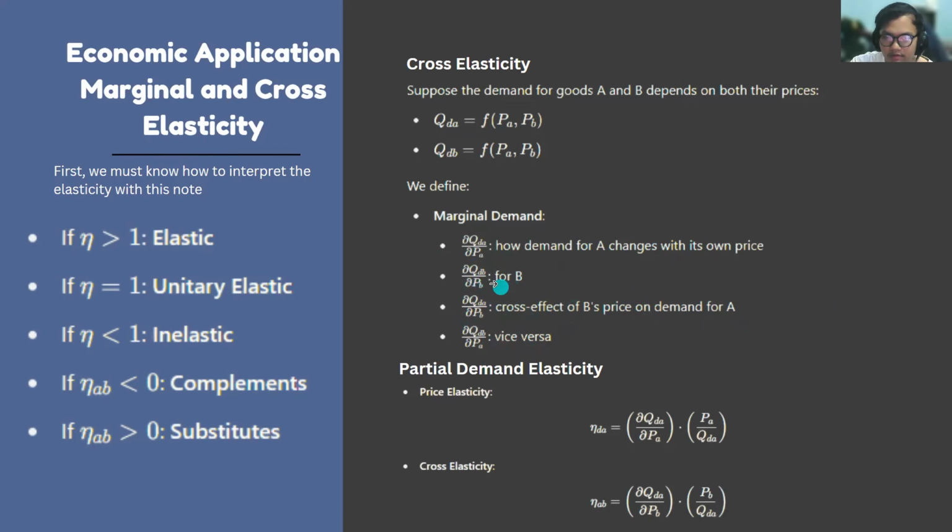So if it's for B, then this one is for A. Okay, so partial demand elasticity.